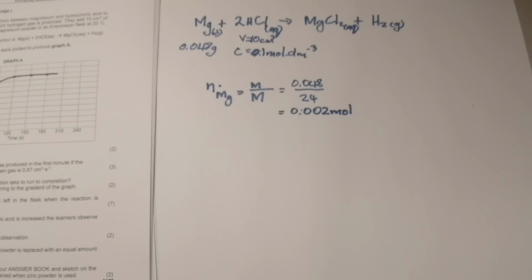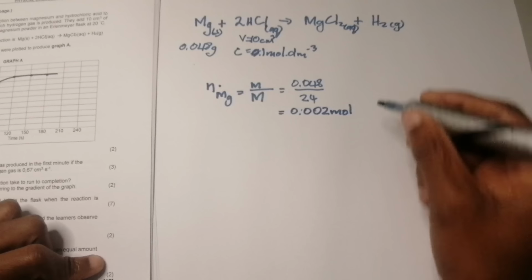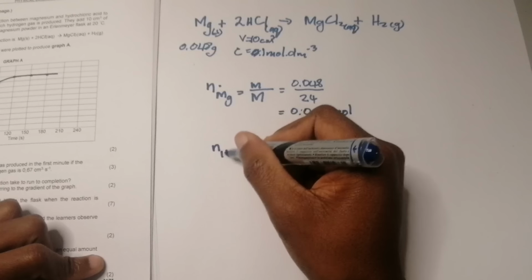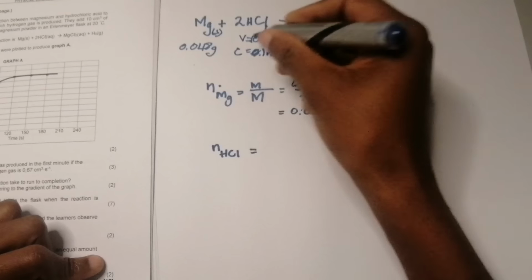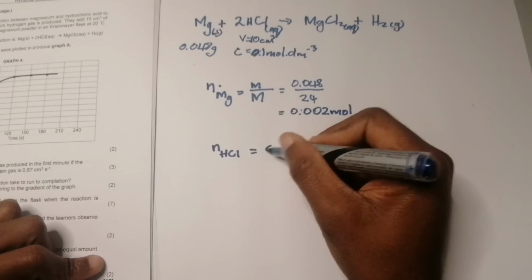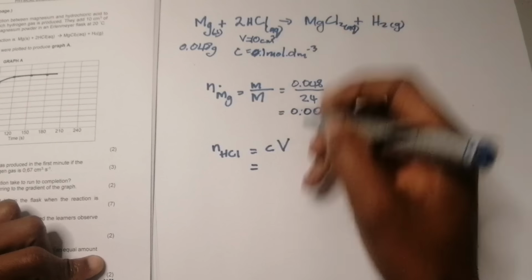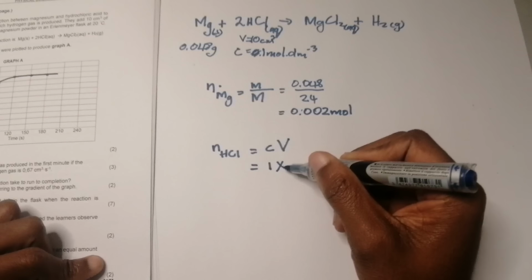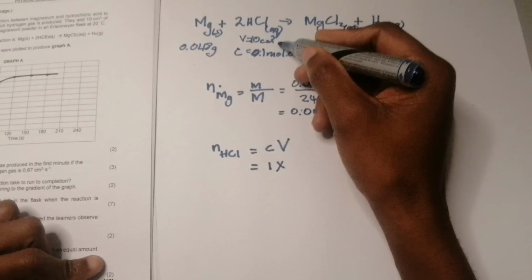And then let's find out the number of moles of hydrochloric acid that are available. We're not saying all of them are going to react. We just want to find out the ones that are available. So let's find the number of moles for HCl. I've got the concentration, I've got the volume, so it's concentration times volume. Concentration, they said, is 1, multiplied by the volume. In this case, our volume was given in cubic centimeters.